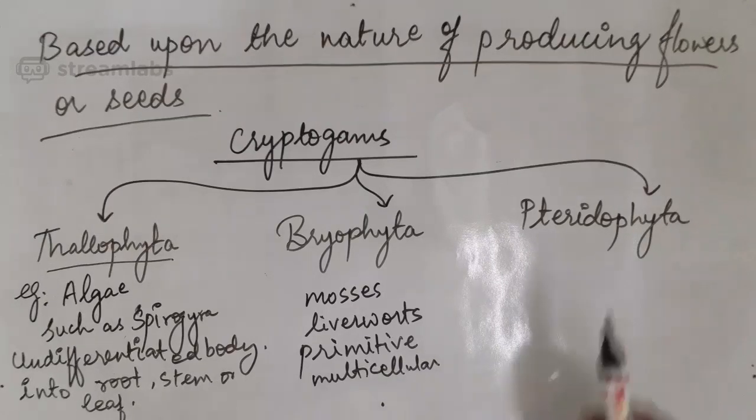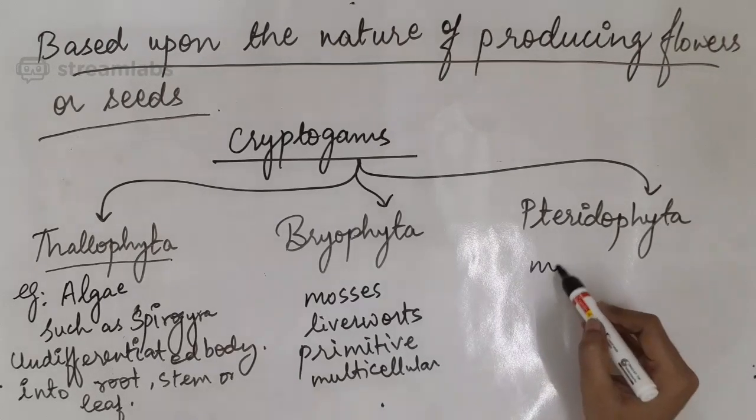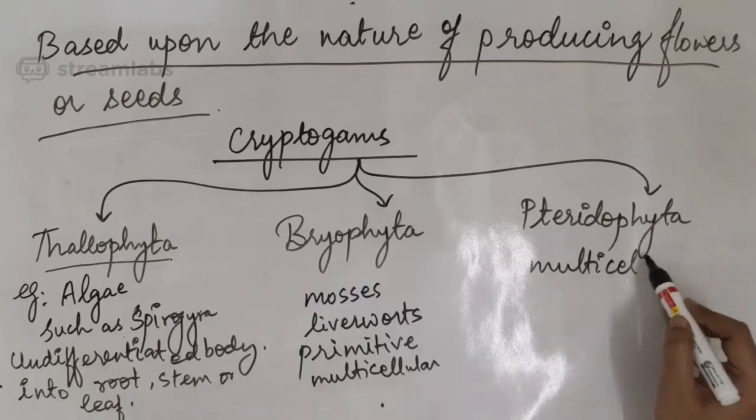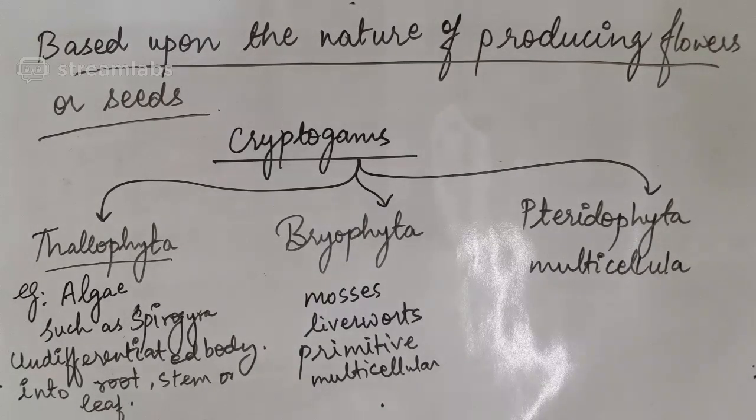Fine. Next comes the Pteridophyta. Pteridophytes are multicellular plants. And I also told you that these are the first land plants.